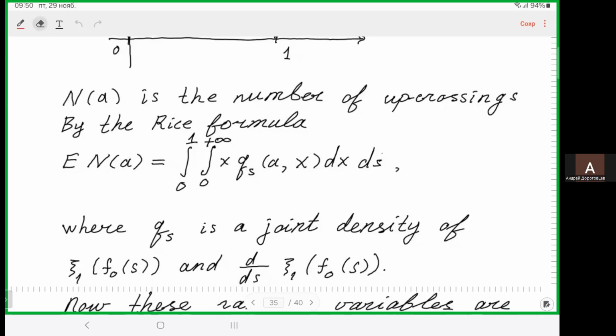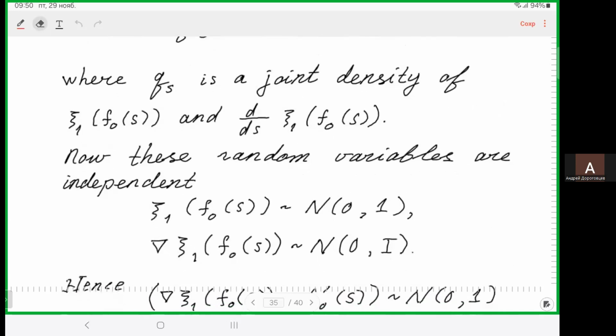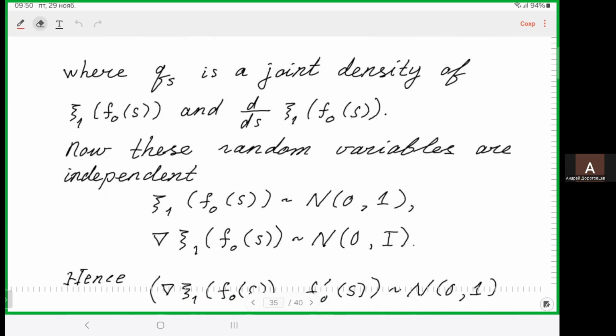So now these random variables have the following distributions. They are independent. Yeah, we suppose that f0 has a derivative of norm equal to 1.